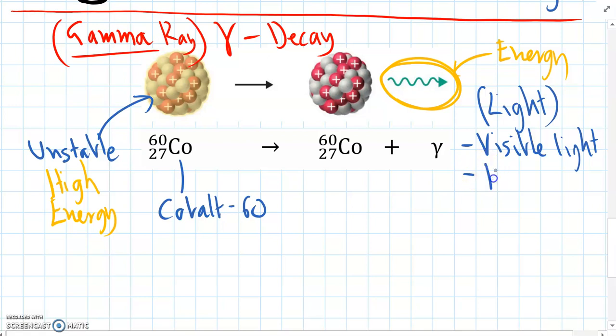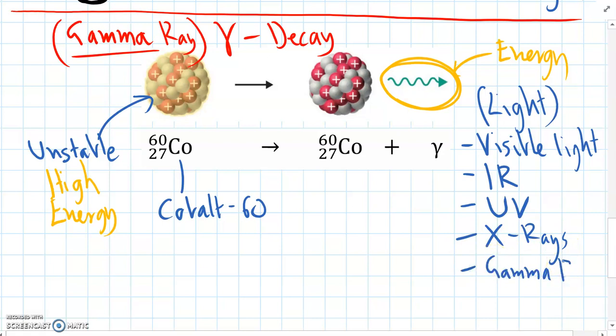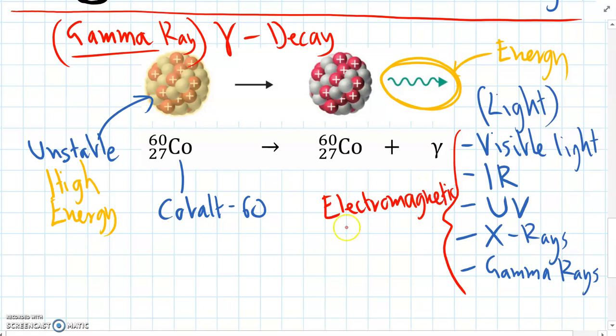We can have infrared light, we can have ultraviolet, X-rays, and we can also have gamma rays. So the proper name for this is electromagnetic radiation. Electromagnetic meaning light, and it's radiation.